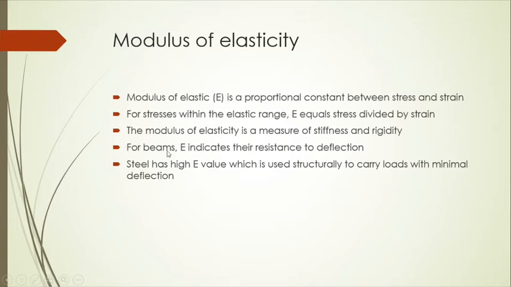For beams, E indicates their resistance to deflection. Having higher E can be an indication of a stronger strength carrying capacity. Steel has a high E value, around 200 gigapascal, which is used structurally to carry loads with minimal deflections.